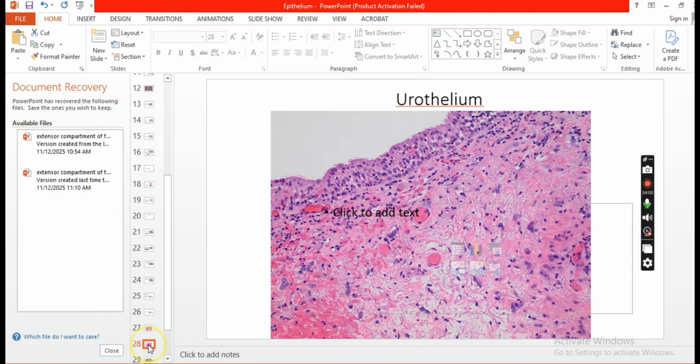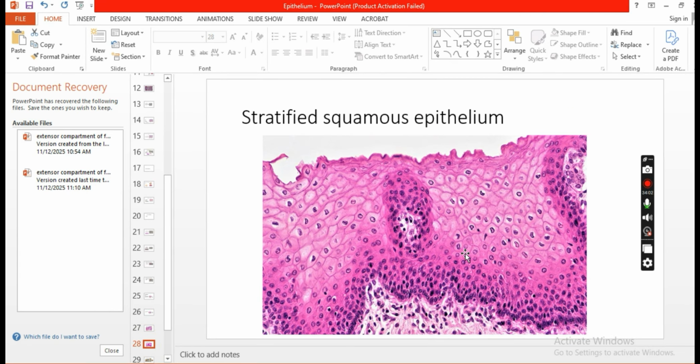Next, let's see. This is a stratified squamous epithelium. There's a difference between the stratified squamous epithelium and transitional epithelium. I will tell you. In both, the basal cells are columnar cells showing basal erect oval nuclei. Then you are seeing a few layers of polygonal cells having rounded nuclei.